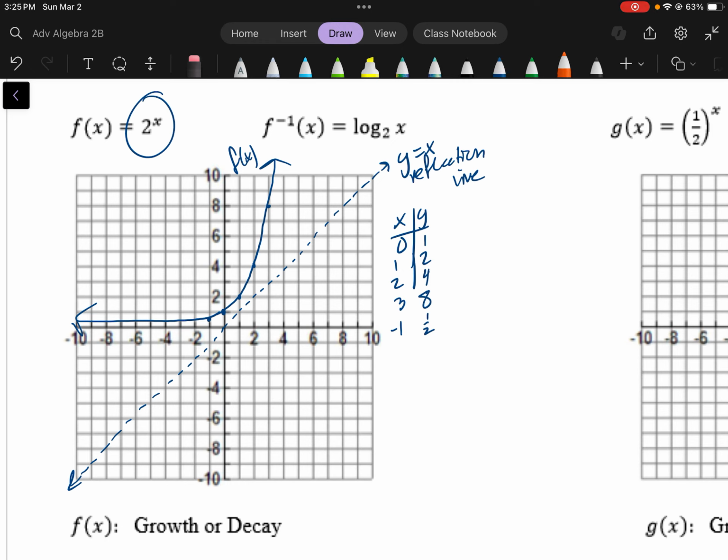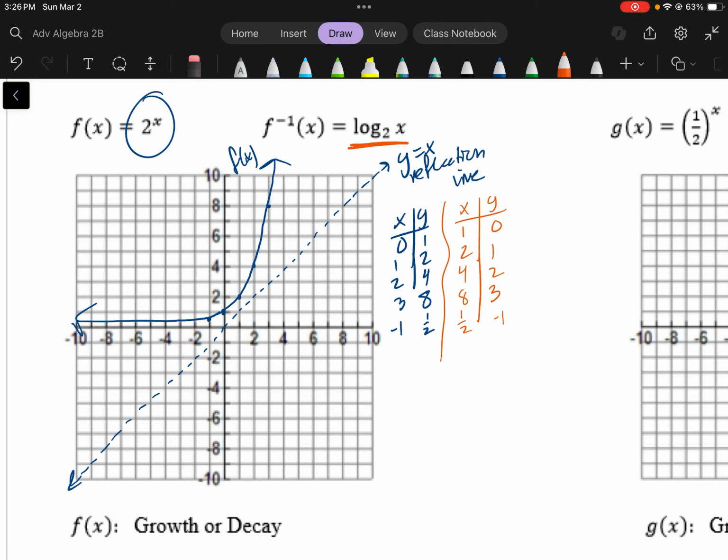So the inverse of f of x is log base 2 of x, where if I take my original f of x and switch x and y, I have all of the same numbers except they switch the place that they're in. So it's going to be (1, 0), (2, 1), (4, 2), (8, 3), and (1/2, -1).